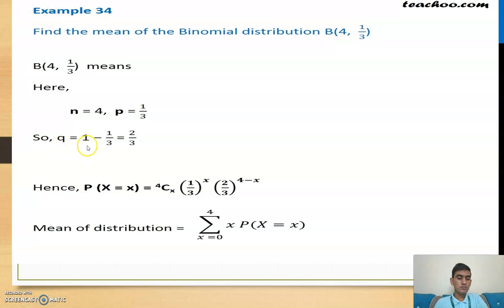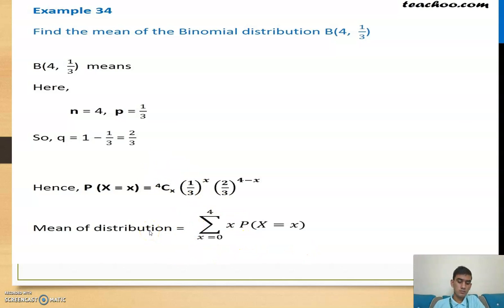To find q, the formula is 1 minus p. We substitute the values: 1 minus 1 by 3 is equal to 2 by 3. Hence P of x is equal to 4Cx (1 by 3) to the power x (2 by 3) to the power of 4 minus x. So the mean np is equal to 4 by 3.